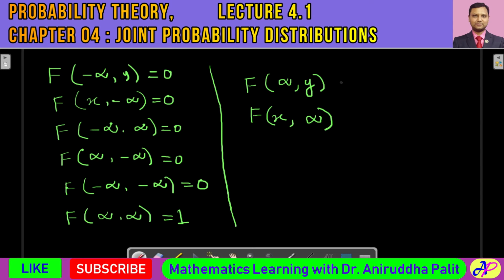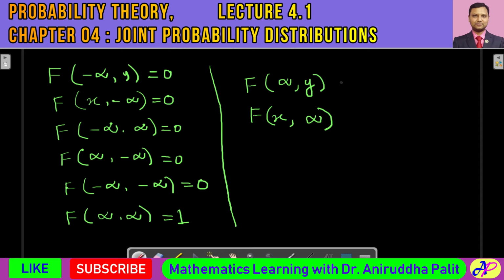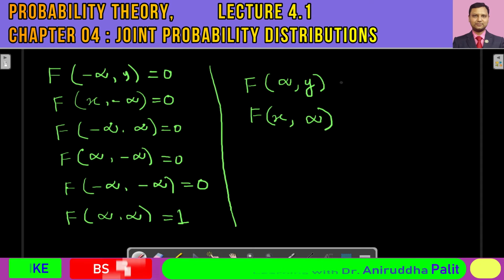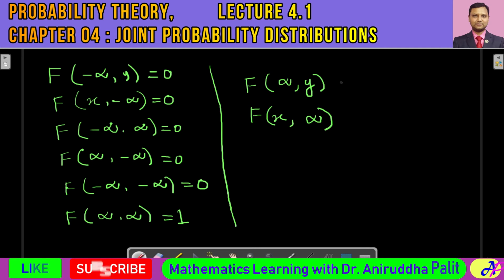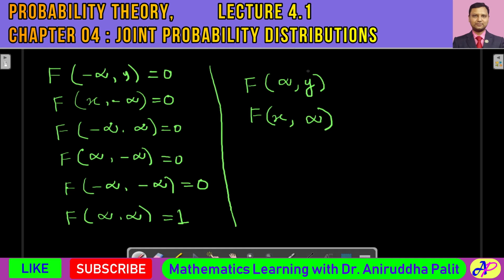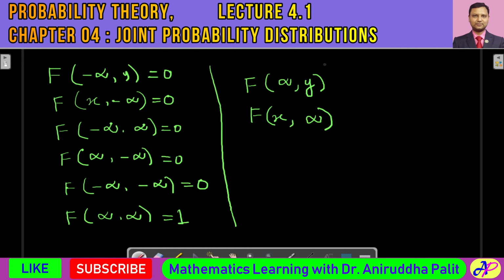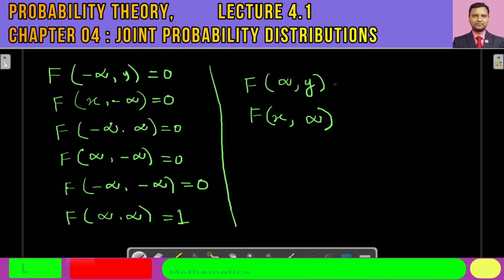So let me start with this idea of marginal distribution. What is marginal distribution? The marginal distribution says that if we consider this limit extending to plus infinity, and if we fix this value of y at a certain finite value, in that case we can say that this is actually a function of y alone, not a function of x.